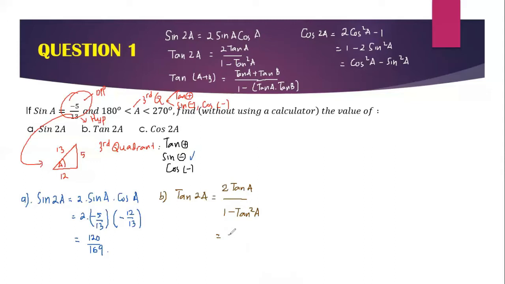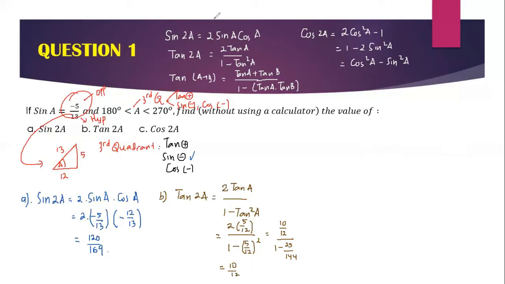Okay, so 2 times tangent A, 5 over 12, right? Over 1 minus 5 over 12 square, right? Equals 10 over 12, over 1 minus 25 over 144, right?